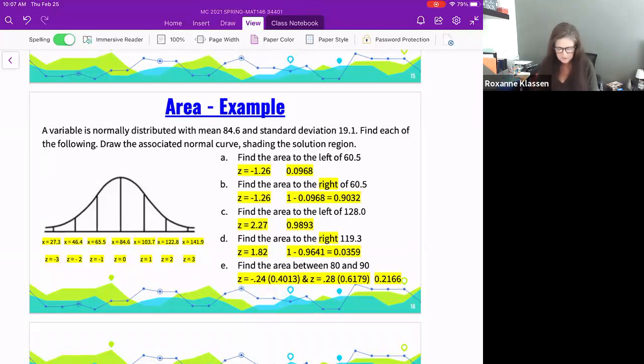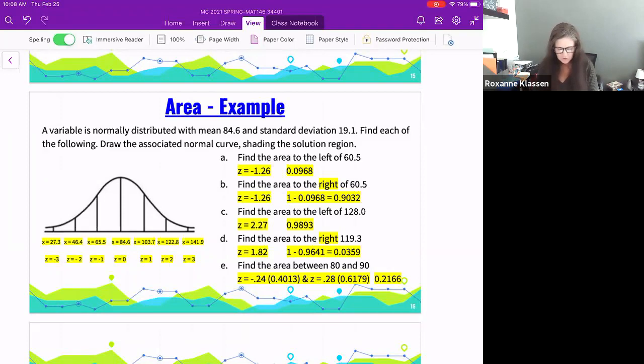We'll look at both of these, and then how many of you got C correct? 0.9893. Aaron did, Dom did, Yesenia did, excellent, Valerie did. And then notice that D, you just had to do, oh no, D was different. So D, did anyone get D right? Yay, a lot of the same people got D right.